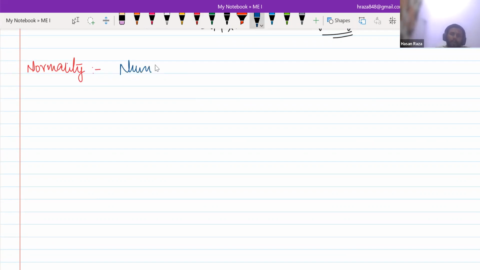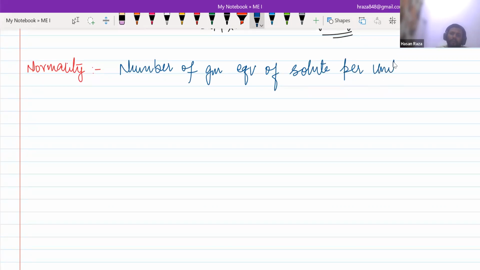So normality is number of gram equivalent of solute per unit volume of solution in liter.